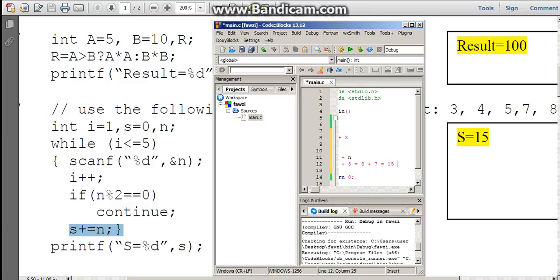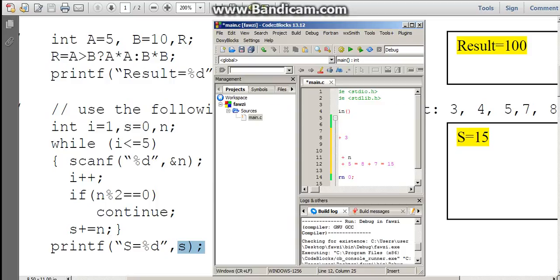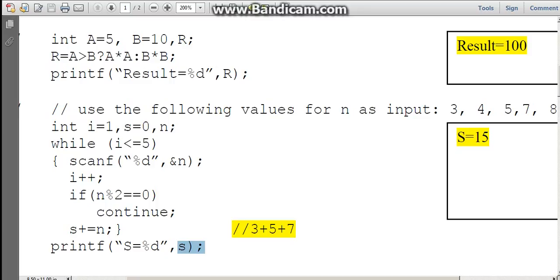Alright, now 8 substituted to here. 8 divided by 2, the remainder is gonna be 0, so we just escape this one and print the final result for s, which is 15. As you see, the same answer, 15.